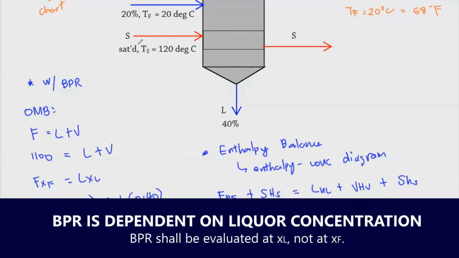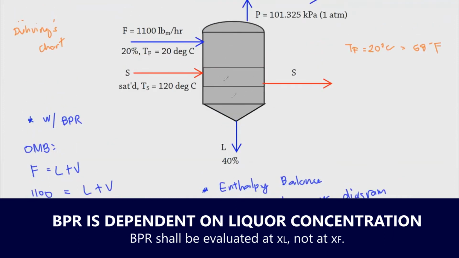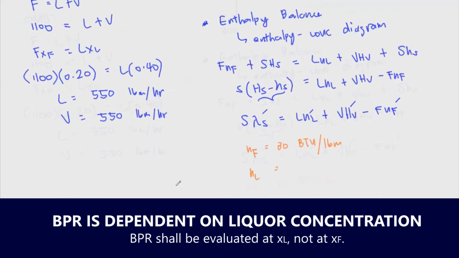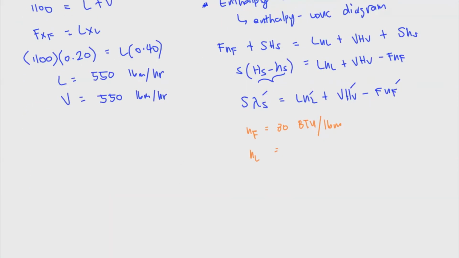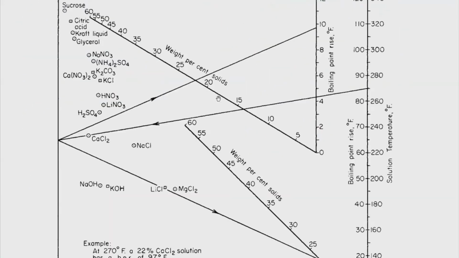The reason is that we're concerned with the solution on the inside, and that happens when we're boiling it. If we consider the inlet at that point, then we cannot account for all the changes that would happen during this process. That's why we always take into consideration the final output, which is this 40%. So that's 40% concentration, and that's sodium hydroxide.